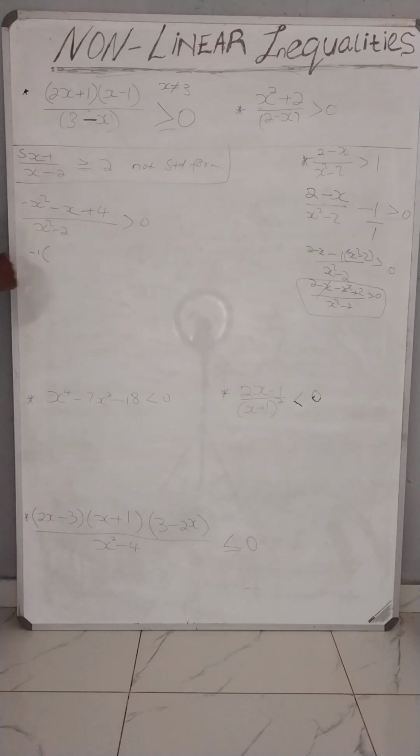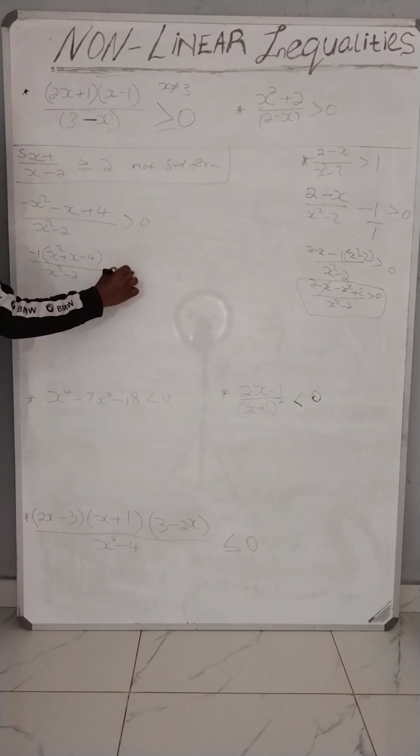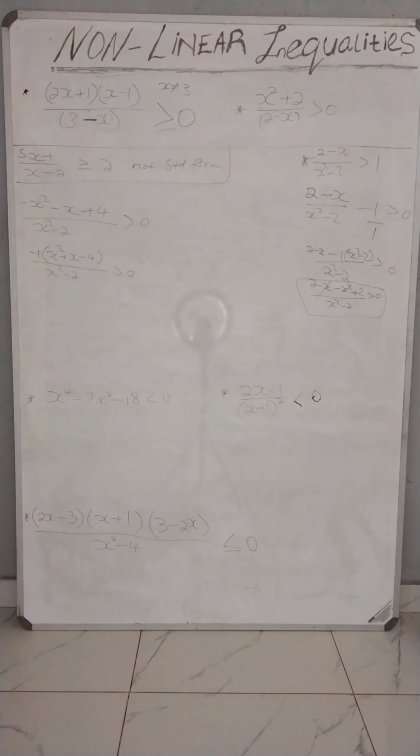So let's try not multiplying but factoring the negative out, because we want to get our x squared to be positive so that we can factorize it. So we have minus into x squared plus x minus 4 all over x squared minus 2 is greater than 0.